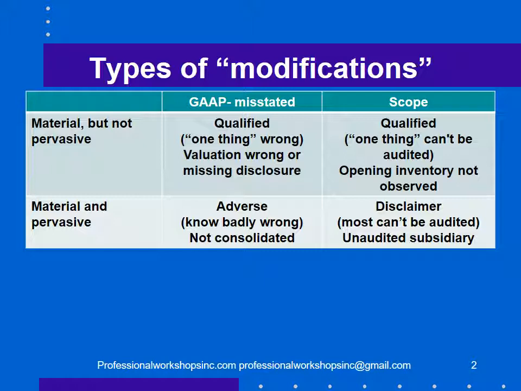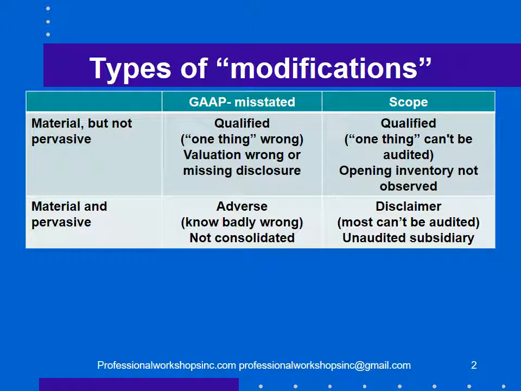But one of these 4 types of problems is material. And then the distinguishing factor, other than is it the framework or scope of the audit that's a problem, is the problem pervasive or not? So if it's not pervasive, you get a qualified audit opinion for the problem with the framework.